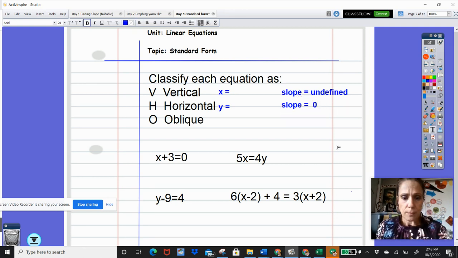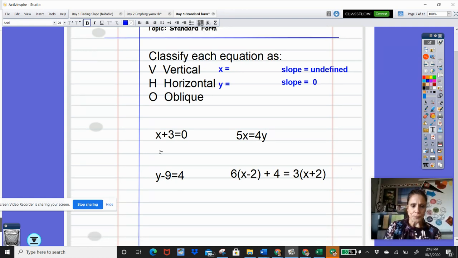Okay? So if your equations are given like the ones down below, what I would do is solve for this. This is really just going to be x equals -3. That's x equals, which is a vertical line. So you're going to put V or vertical on your paper or on Kami, whatever.